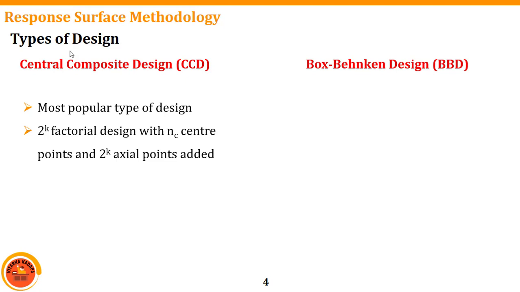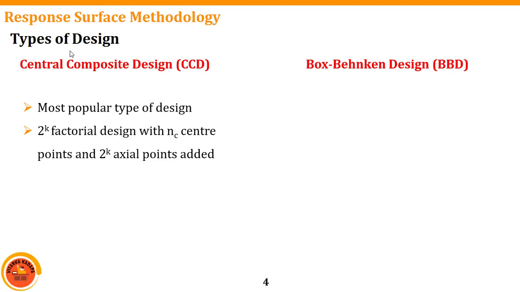Here we will have only two levels. Factors will be n in number, as I said initially. Once more factors are influencing, the levels will be constant, that is 2, and the factors will vary. Here the center points as well as the axial points are also added.